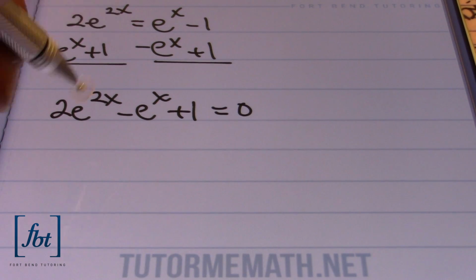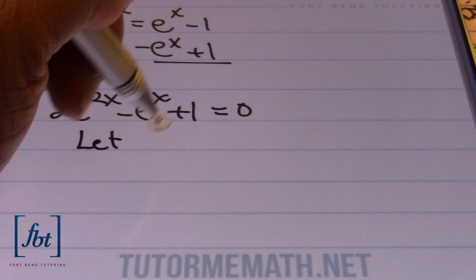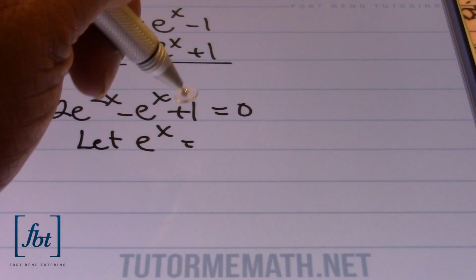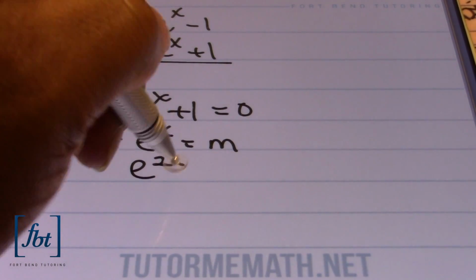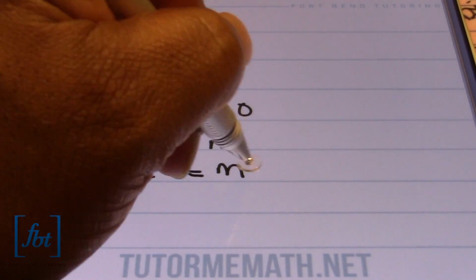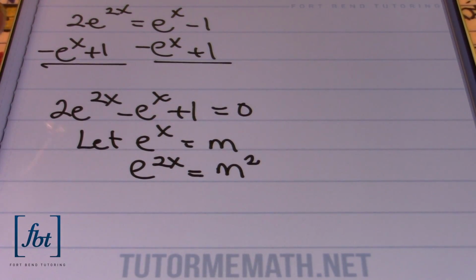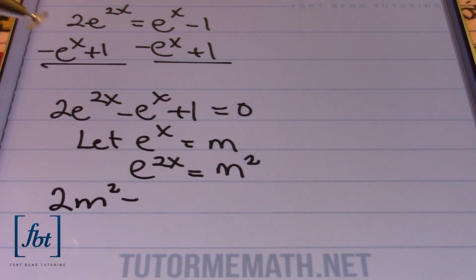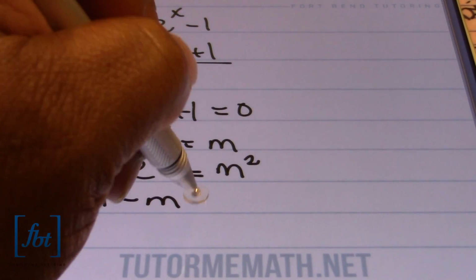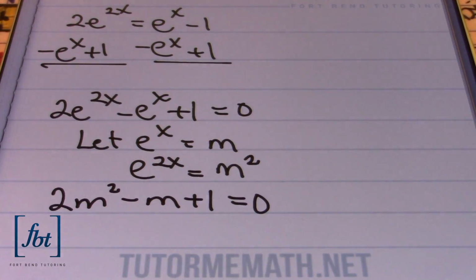Let's say that e to the x equals m. That means that e to the 2x is going to equal m squared. So I'll be able to rewrite the equation as 2m squared minus m plus 1 equals 0.